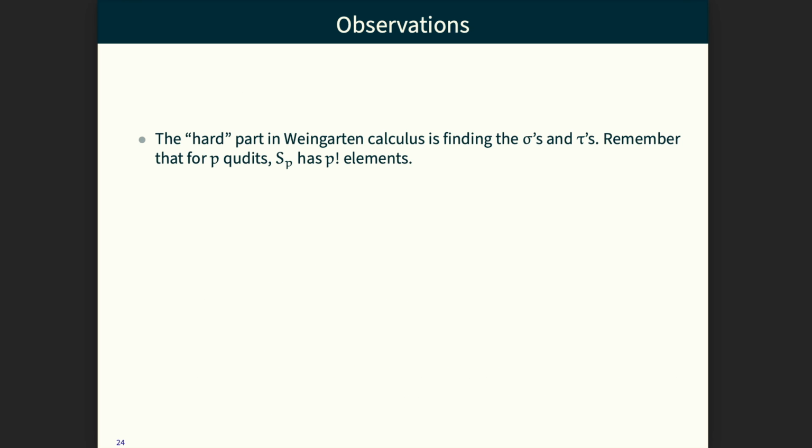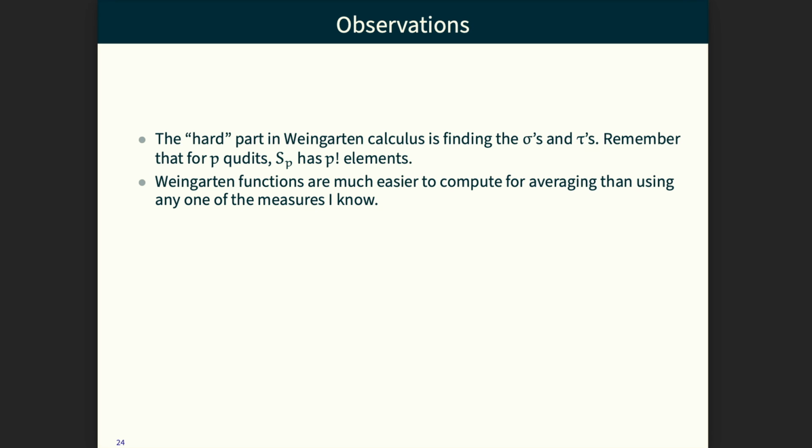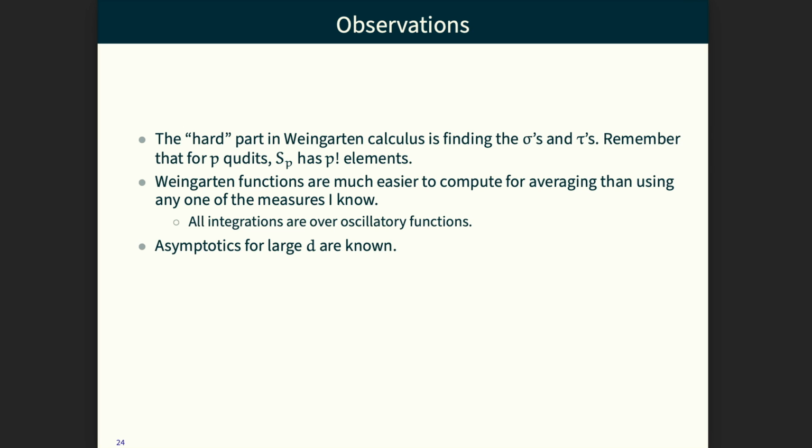The hard part is to find these sigmas and taus. And believe me, this is a substantially easier way of computing averages than trying to integrate the trigonometric functions, because you end up with super oscillatory functions, and it's hard.